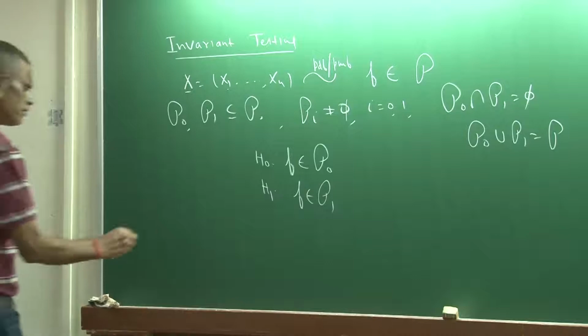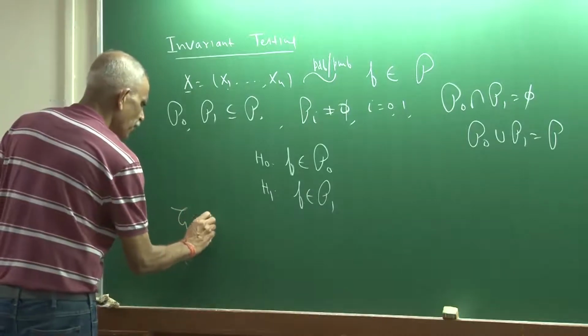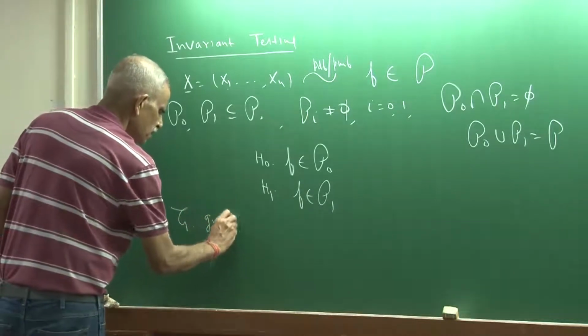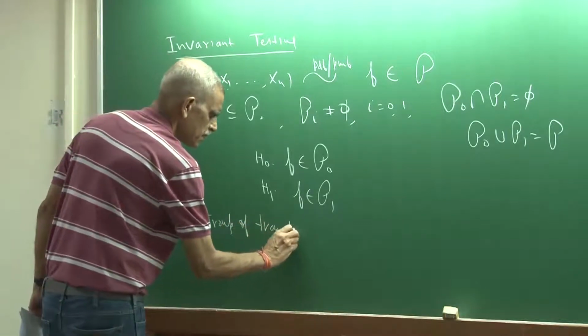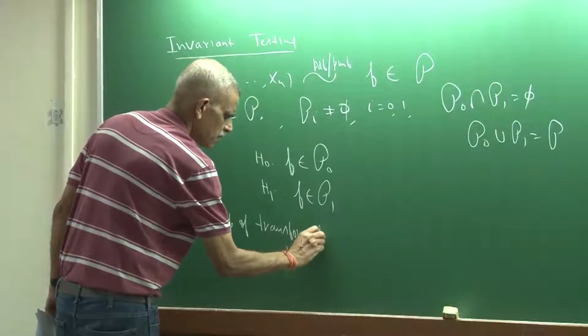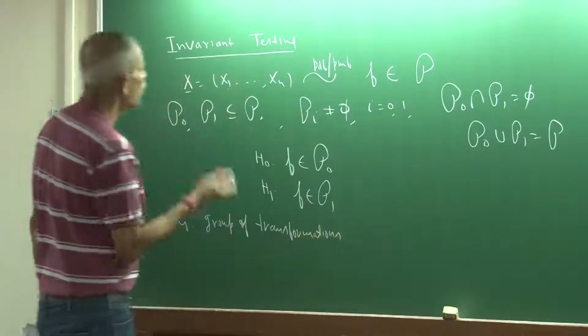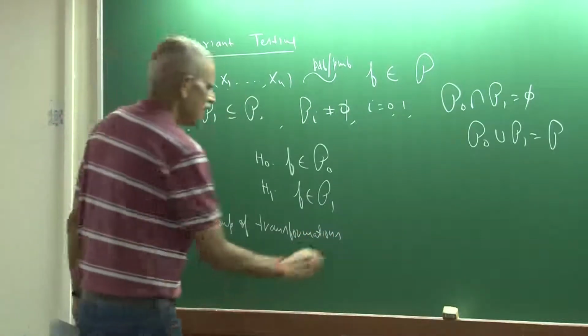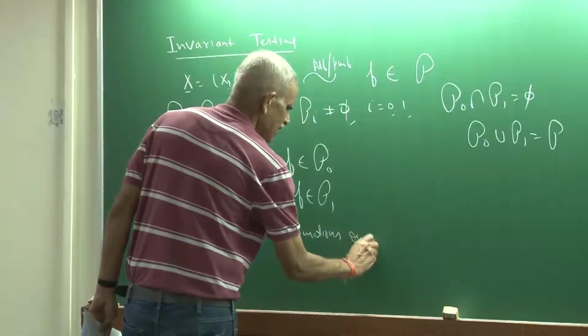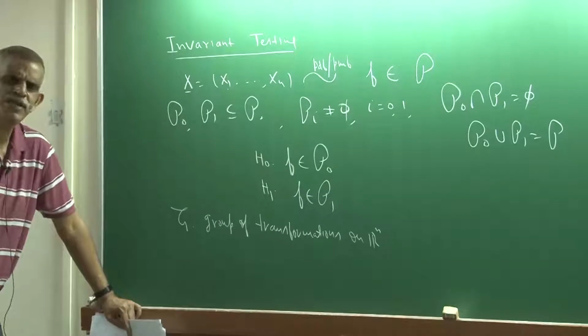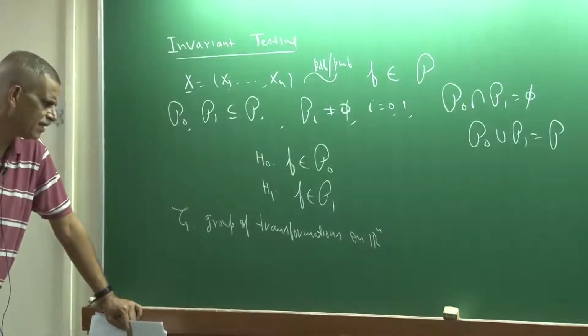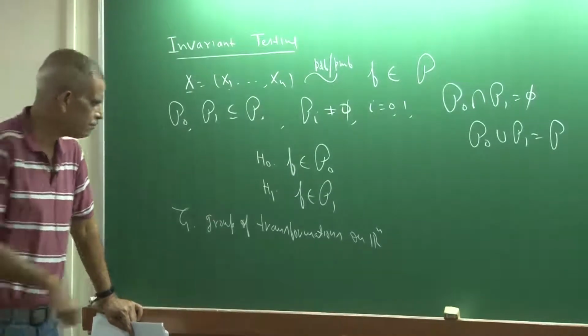So suppose G is a group of transformations acting on the sample space, essentially on R^n because your data is in R^n. Elements of G would be acting on the sample space.